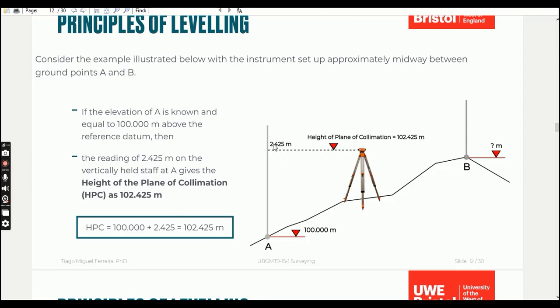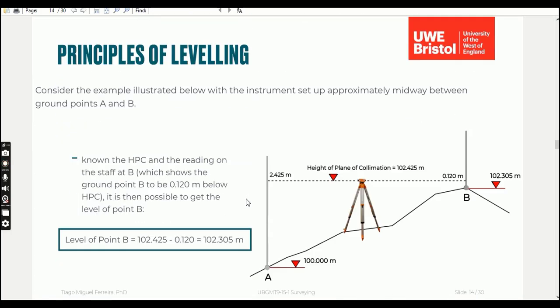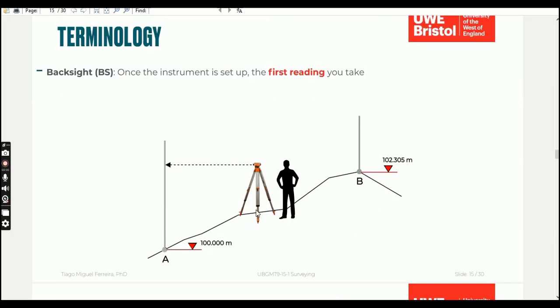When we add this 2.425 meters to our benchmark elevation, we get the height of plane of collimation. Once you have the height of plane of collimation, you can find the elevation of point B: put the staff there and take the reading 0.120. You subtract this reading from the HPC to get the elevation of point B.